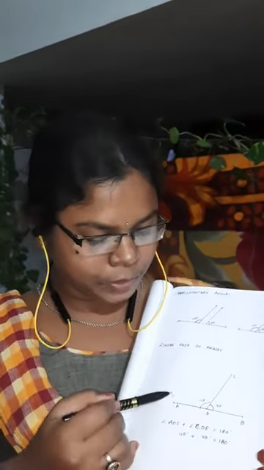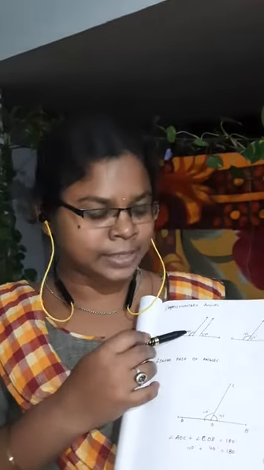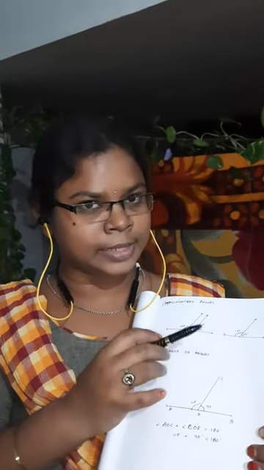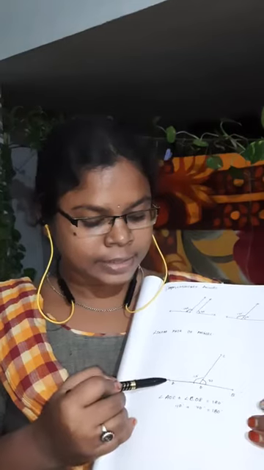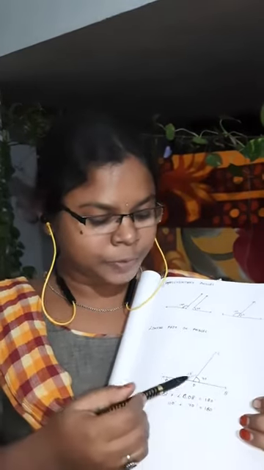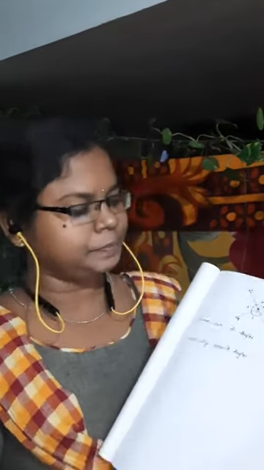The difference between a linear pair of angles and supplementary angles is that for supplementary angles the sum of any two angles should be 180, but for a linear pair the sum of two adjacent angles should be 180 degrees. Okay, let's identify the linear pairs of angles.